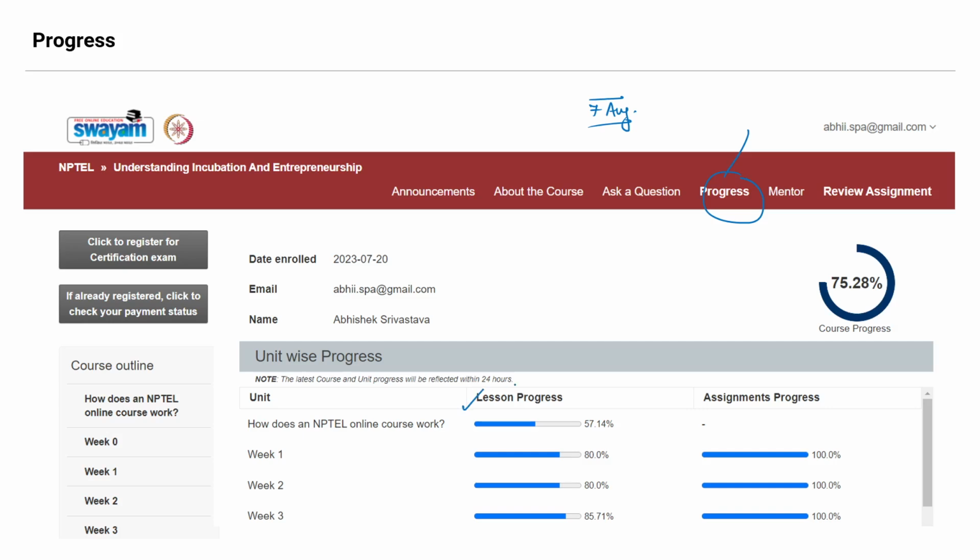I think lesson progress would be visible and assignment progress would also be visible, but your evaluations, how much you have scored, won't be visible. The only reason being that the deadline is not yet over. So that is an important aspect. Once the deadline is over, you will be able to see your previous marks of week 1 and week 2 assignments.